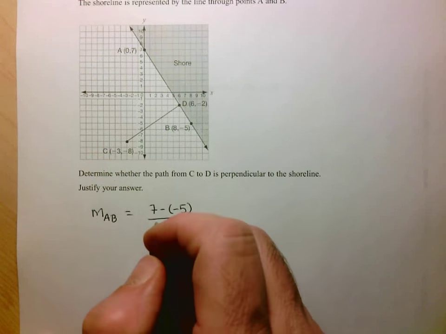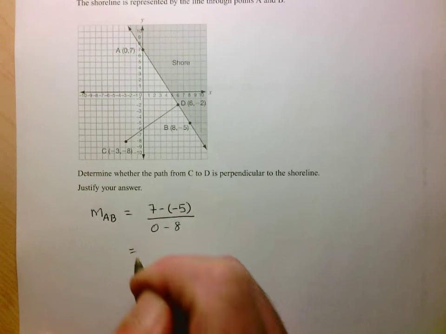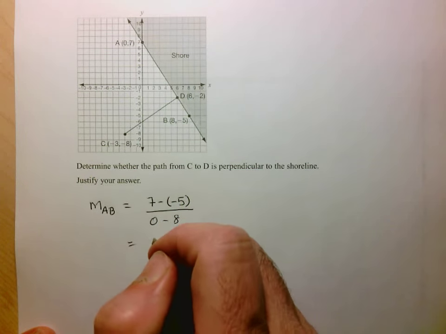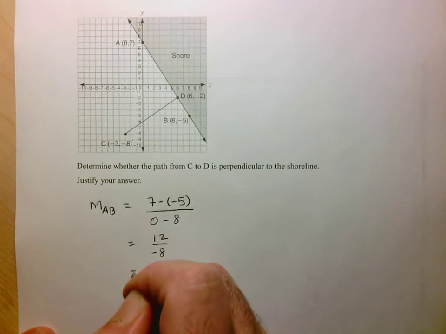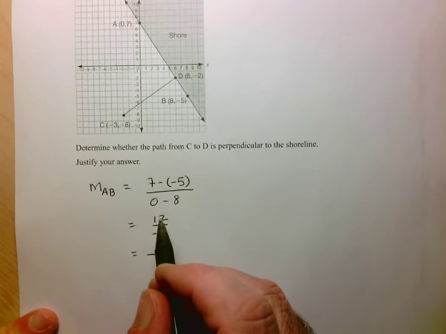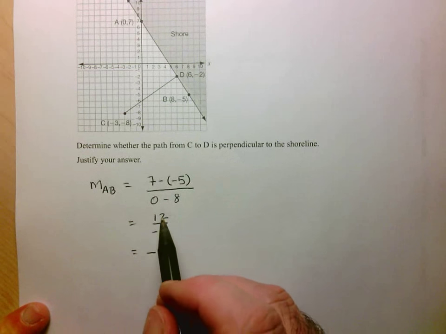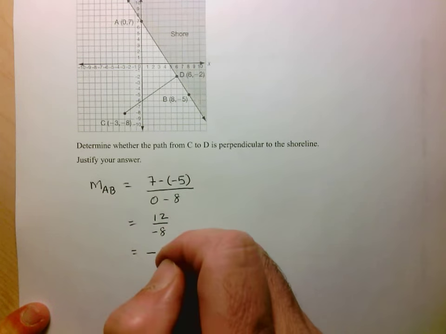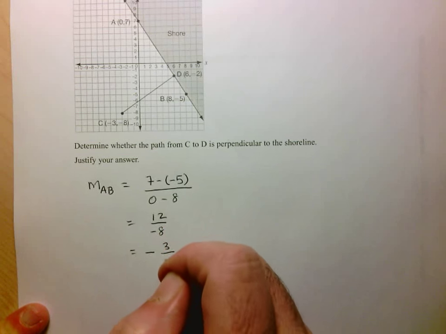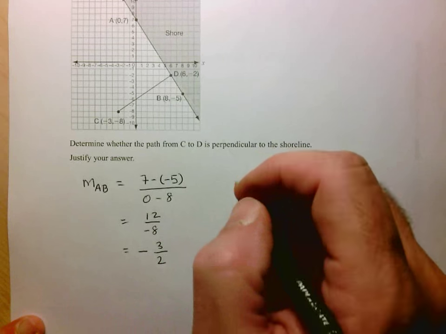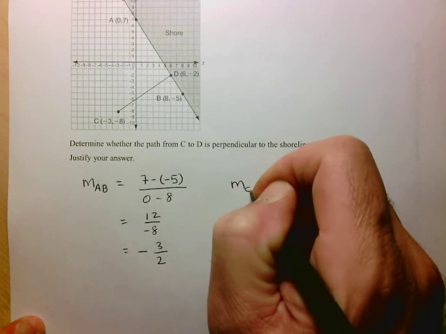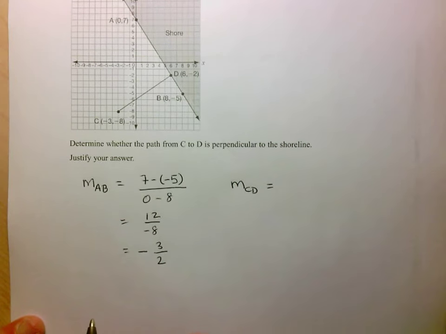So what do we have now? 7 minus negative 5, that's 7 plus 5 is 12. 0 minus 8 is negative 8. So here my answer is going to be negative, and I can reduce this. They're both divisible by 4, so 12 divided by 4 is 3, and 8 divided by 4 is 2. So there's the slope of AB, and now let me see if the slope of CD is the negative reciprocal.